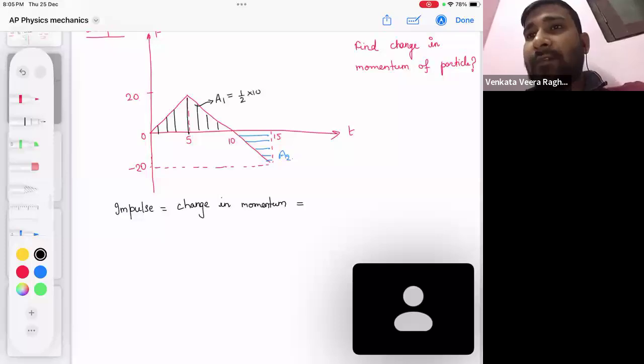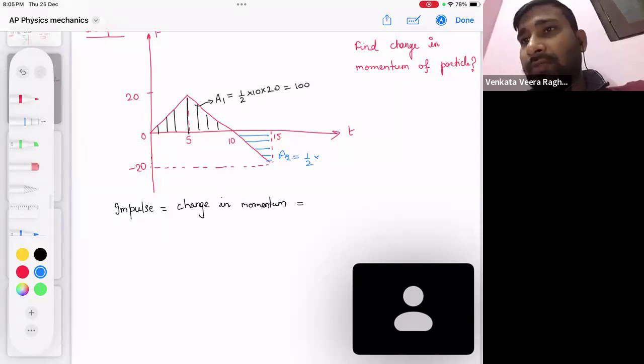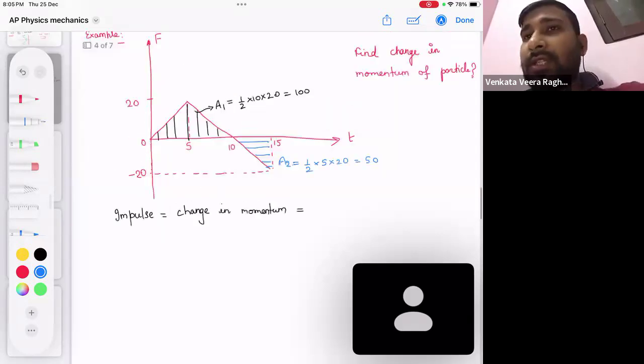How much is A1? Half into 10 into 20, so that is 100. And what is A2? Just check it once. A2 is half into 5 into 20, so that is coming to 50. That means impulse, which is change in momentum, we can get from this area.